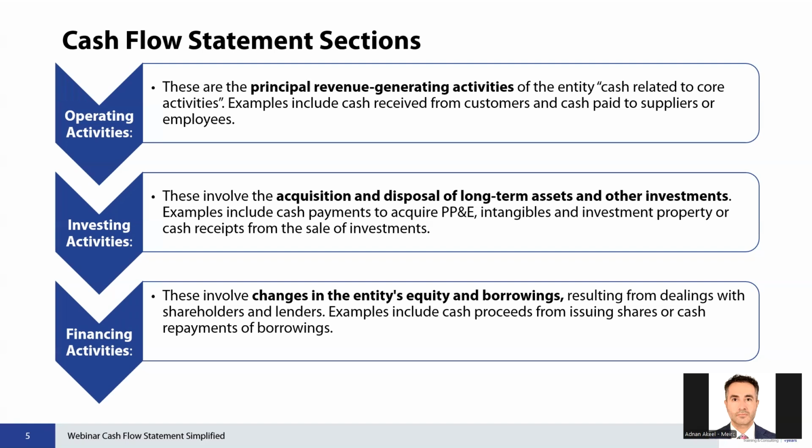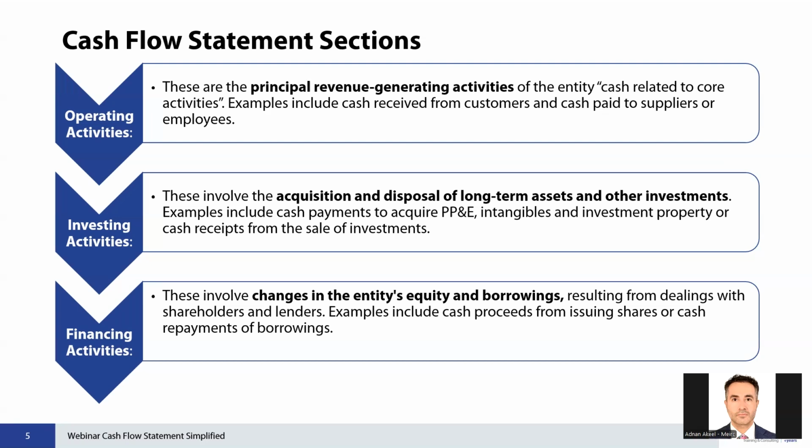The last section of the cash flow statement is related to financing activities. Financing activities, in reality, talk about the dealings with the sources of funding for the business. On the equity side, dealing with the shareholders, receiving money from them when we sell them shares and increase our capital size, or vice versa, when we pay the shareholders dividends, that would similarly fall under financing activities.